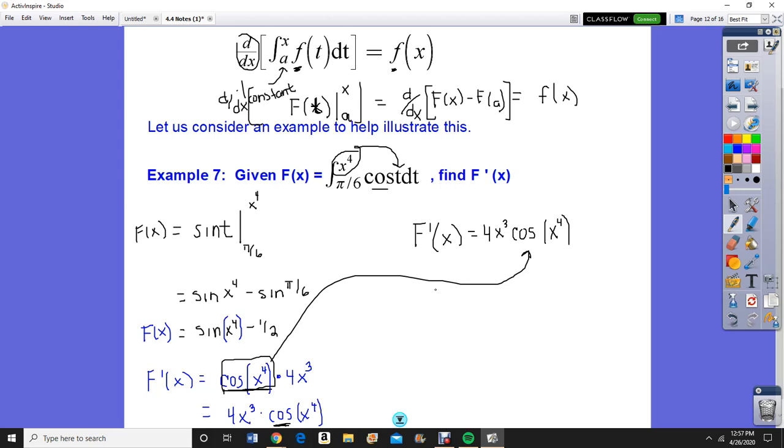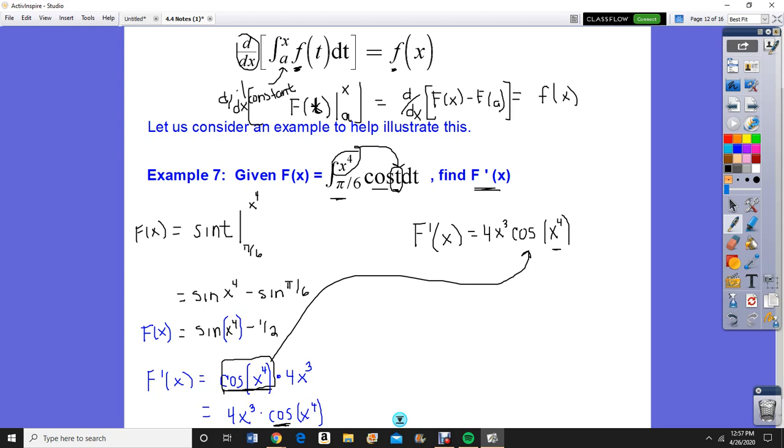So to recap, when you have to take the derivative of an integral, step 1, confirm the lower bound is a constant. Step 2, recognize that this is some variable expression, and take that variable expression and replace it with each variable within the function that you're integrating.